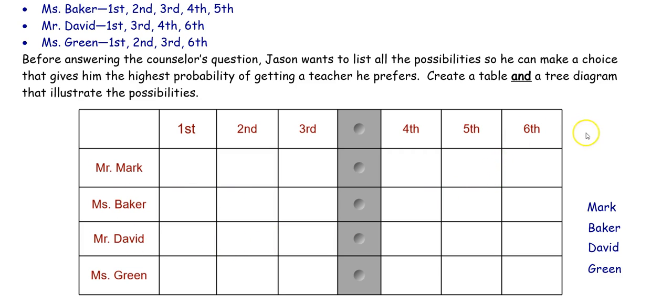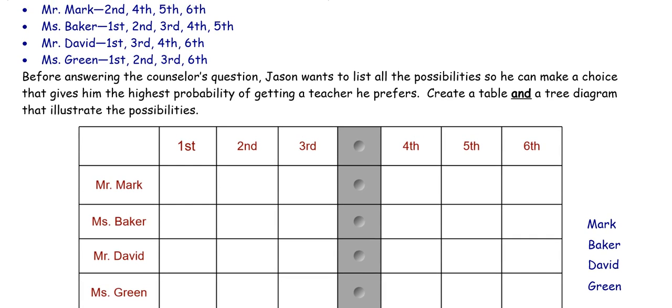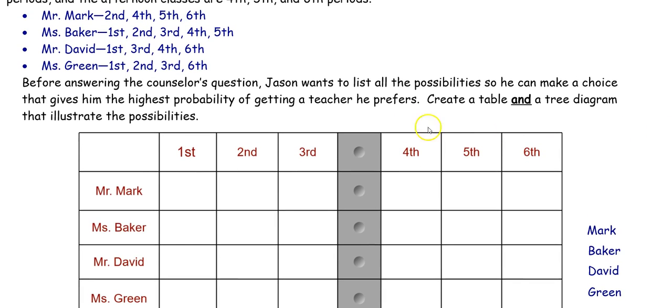Now, the first teacher we have is Mark. Let us check off the periods that Mark is teaching computer science. He is doing it in the 2nd, 4th, 5th, and 6th periods.